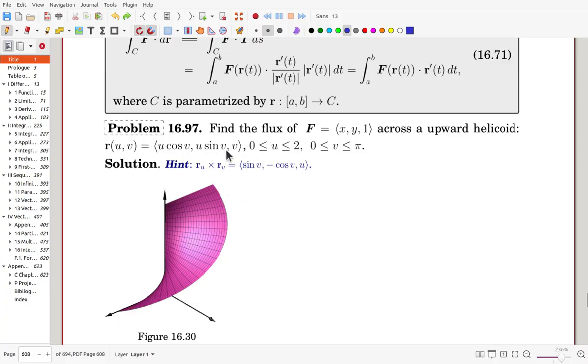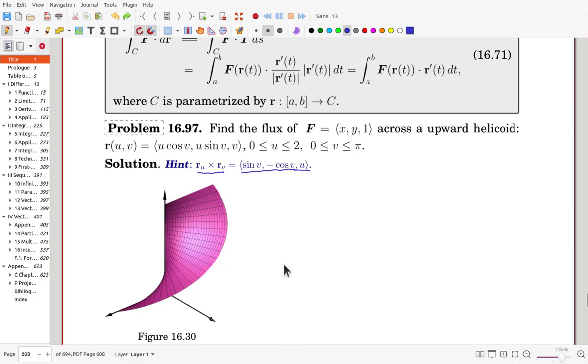That is the helicoid. And for that one, if we get the derivatives with respect to u and v, then we have that. So for the flux over there, we'll use that. You can compute that one. Let's try to compute in detail.